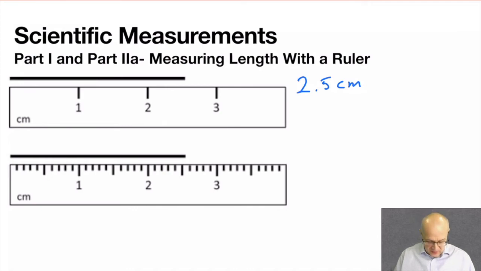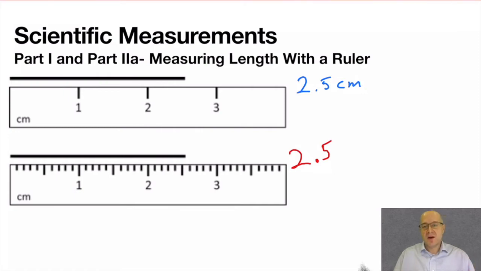So here I know that this line is greater than 2, less than 3. So I know it's going to be 2 point. Now on this ruler, we can kind of see the tick marks, right? They're right here. 1, 2, 3, 4, 5, 6. So this line appears to be a little bit greater than 2.5, a little bit less than 2.6, so I can put 2.5 centimeters. But now we have to have the estimated digit.